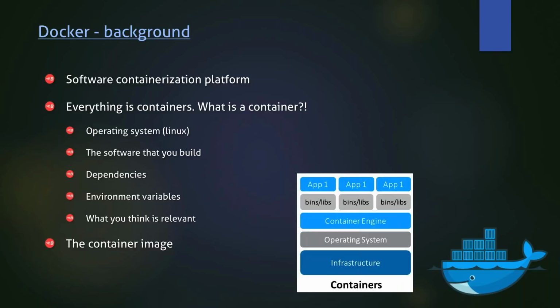So, running as isolated processes in user space on the host operating system, Docker containers are not tied to any specific infrastructure. They run on any computer, on any infrastructure, and in the cloud as well, such as Windows, Mac, Linux, Microsoft Azure, Amazon, and more and more. This is in a nutshell how the container is built.